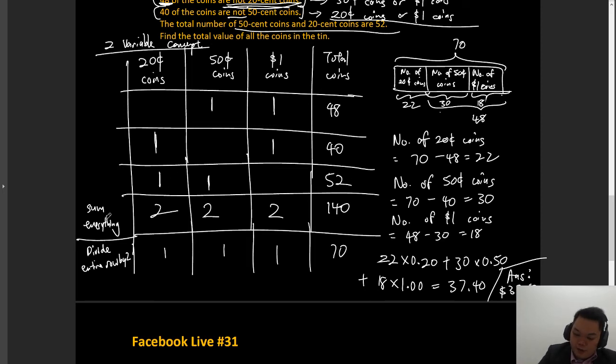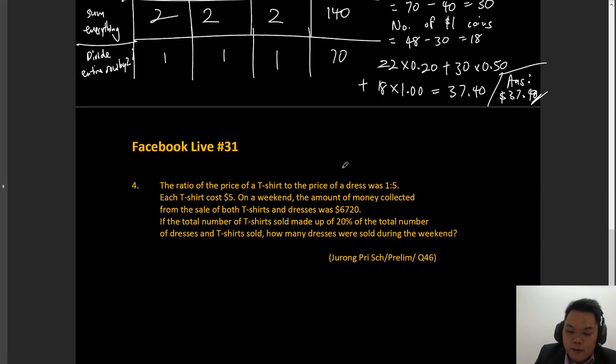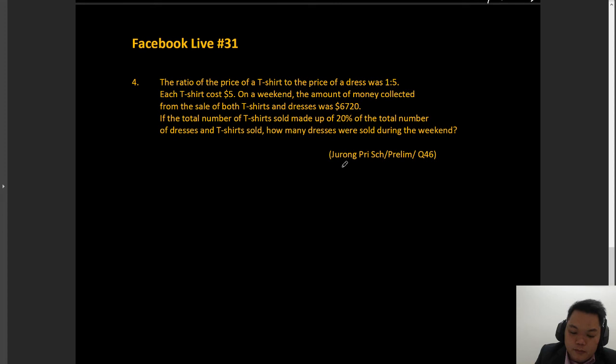So when you sum everything together, just imagine you are playing Tetris and you are collapsing everything together. You would have 2 of every copy. So you want to divide out everything by 2 to get 1 of everything. And from there you slowly find out your number of coins and its actual value.